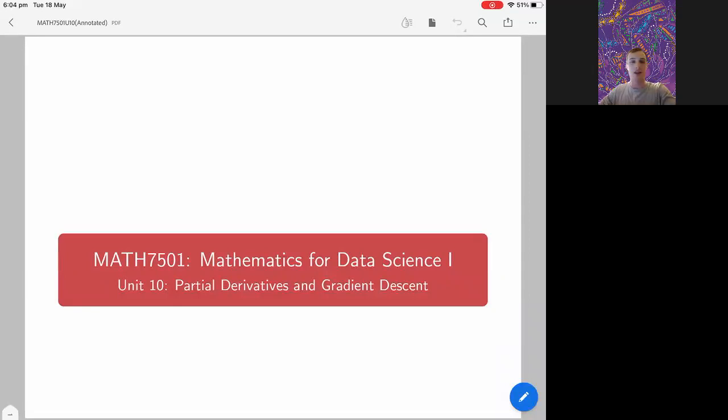Understanding the theory of partial derivatives and gradient descent is important, because the functions you're optimizing are not single variable functions. They are very, very multi-valued functions. So you need to understand the language of mathematicians for partial derivatives and gradient descent, in order to, in my estimation, make good progress towards those data science topics.